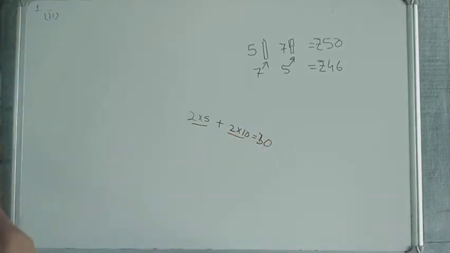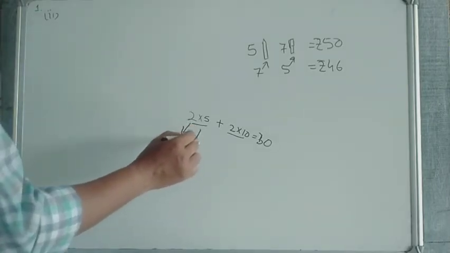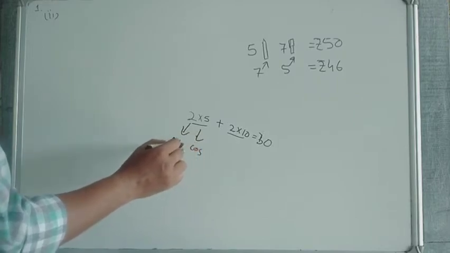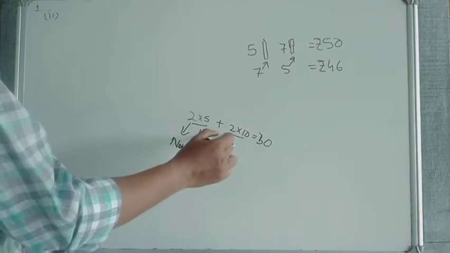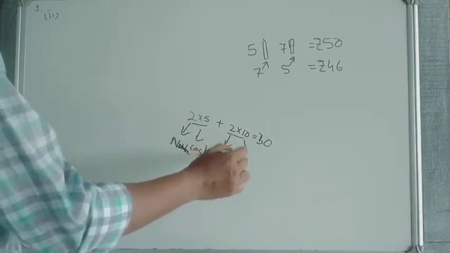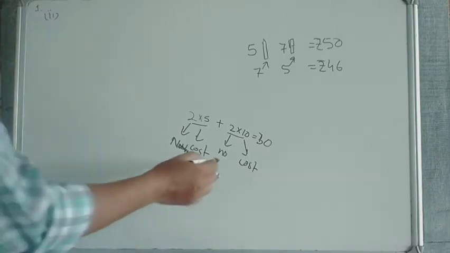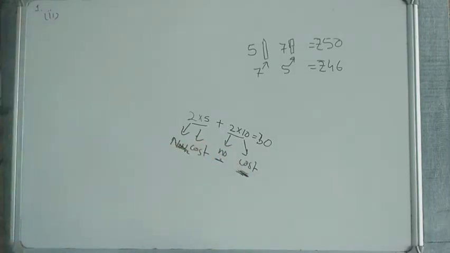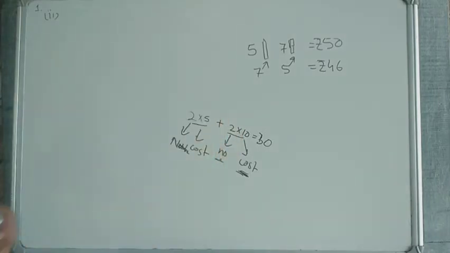So this is the calculation: numbers and cost. This one is also the same, numbers and cost. So the number of things into the cost of one thing gives me the total cost. Is it not? So same thing here also.